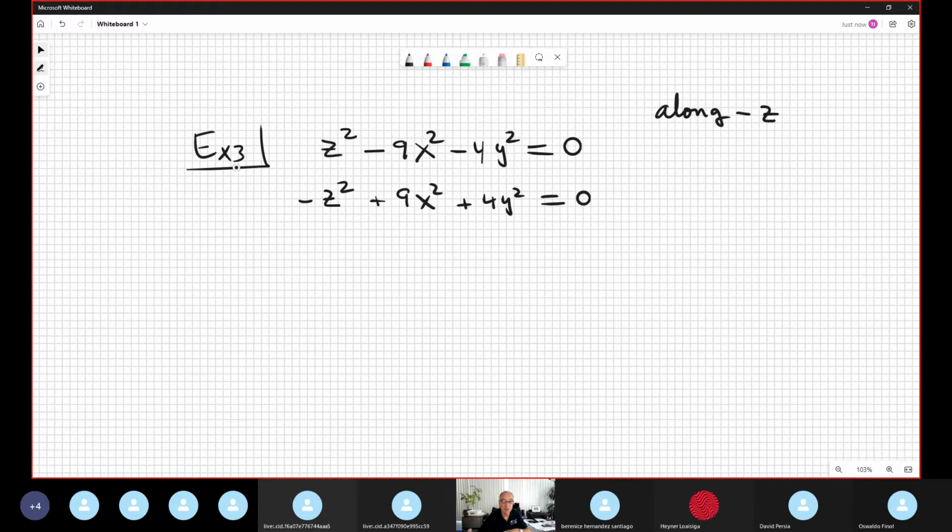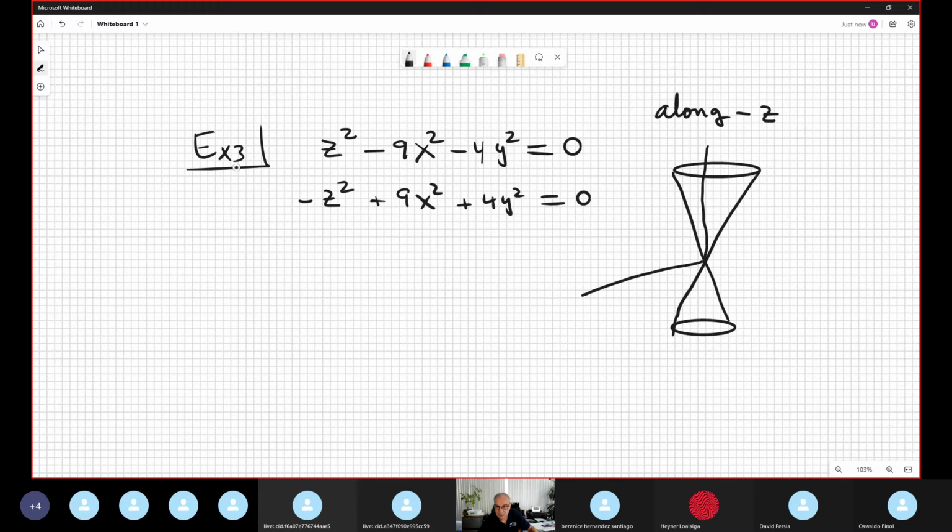See, in my equation you have 2 positive and 1 negative. The negative is along Z. Okay. Entonces my surface looks like that. Doble cono along Z. Okay, I suppose this is the C, X, Y, and Z. So you expect, for example, to find the intercept.